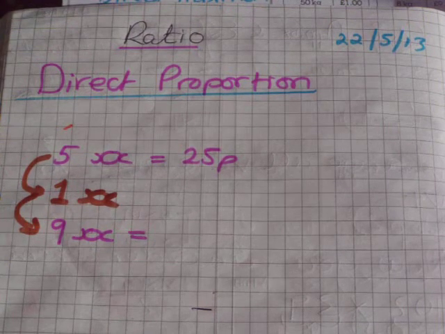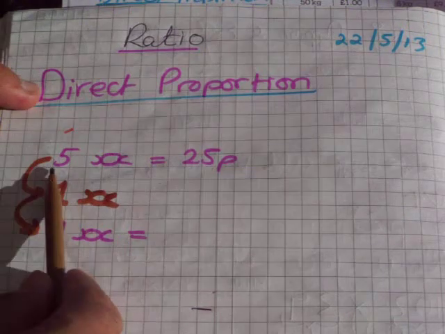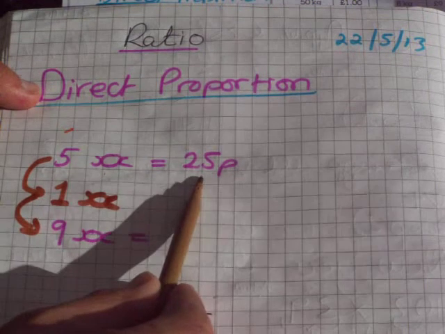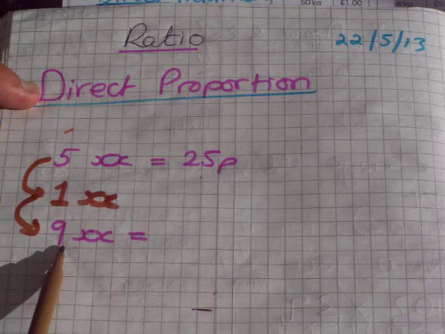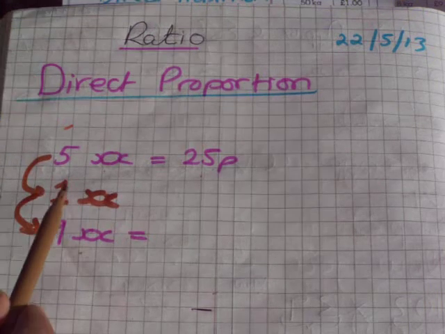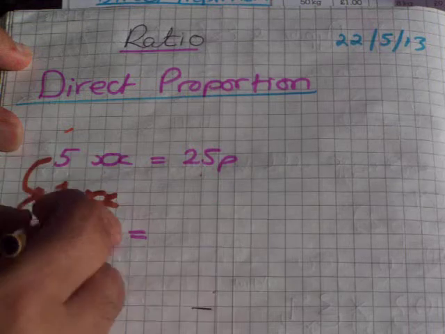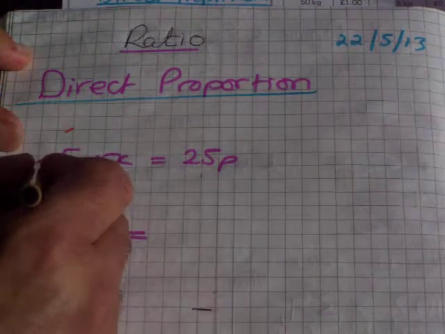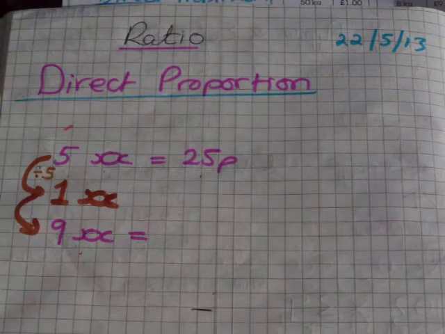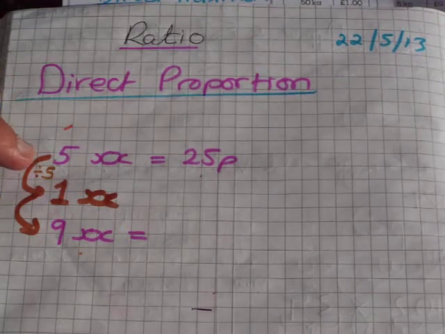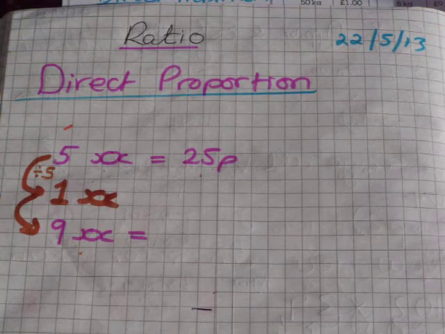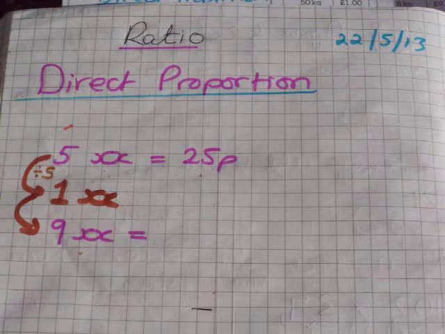Okay, here we go. So we've been given that the price of 5 sweets is 25p. We need to work out the cost of 9 sweets. So first of all, we work out the cost of 1 sweet, the unitary price. So how do you get from 5 down to 1? We divide by 5. Any number divided by itself gives you 1.